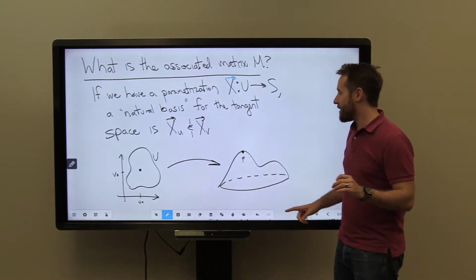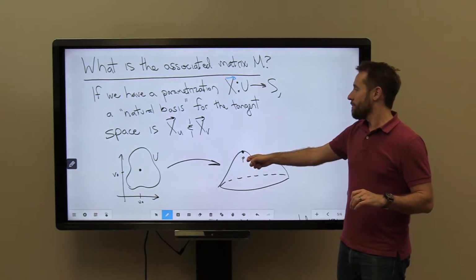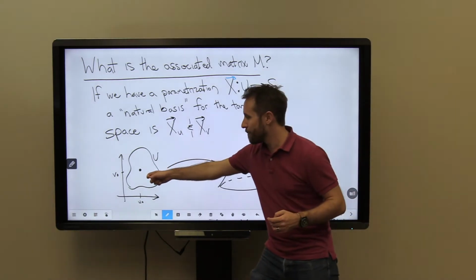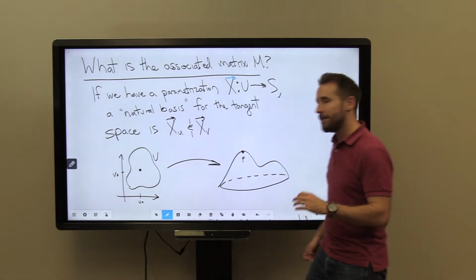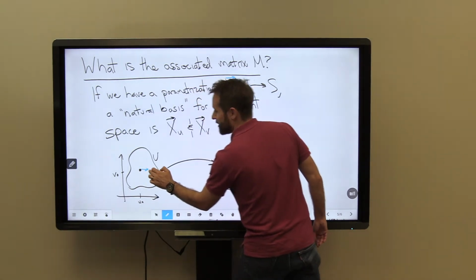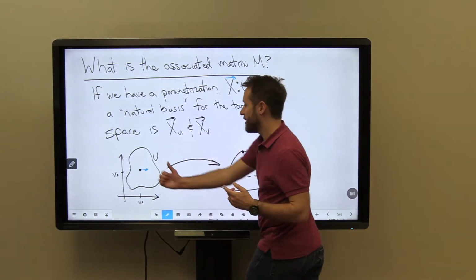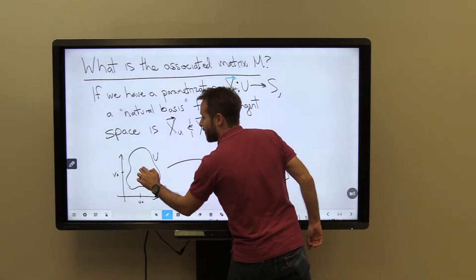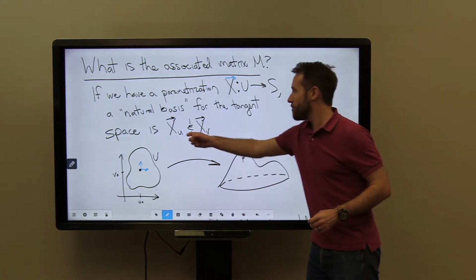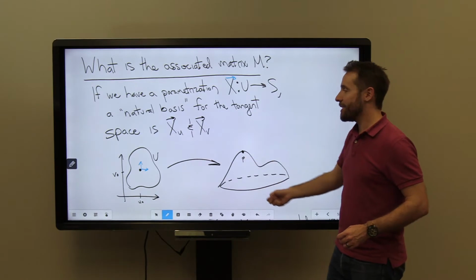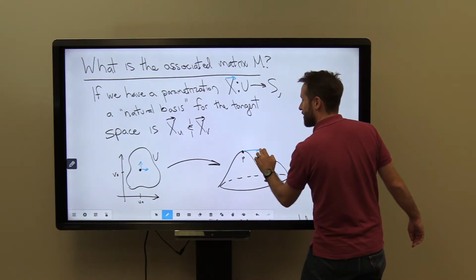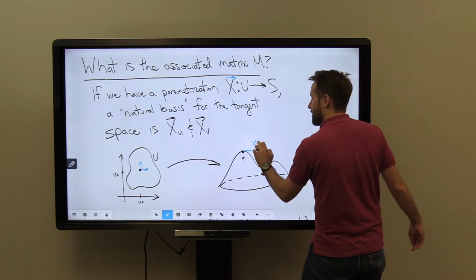And so if I'm looking at the point P, let's say, I can really think about looking not at this point P, but at the point mapping to P. I can look back at this point in my domain space, and the natural vectors over here, the vector that corresponds to one unit in the pure u direction, and one vector in the pure v direction, will correspond to these 2 vectors over here in this space. So my vector in the u direction corresponded exactly to the vector x sub u over here.